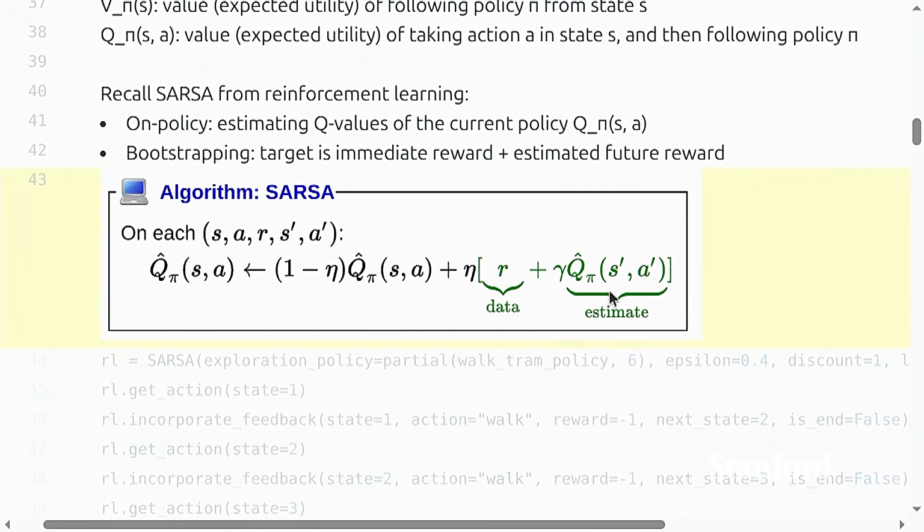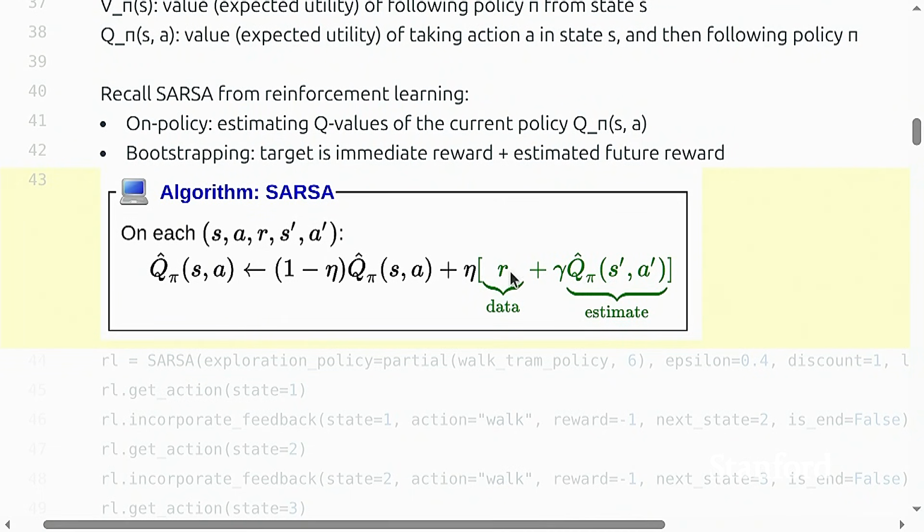Okay, so here's the SARSA algorithm. As you run the reinforcement learning algorithm, every time you see a state and you took an action and you got a reward, and then you ended up in state S prime, and then you took another action, then you perform the following update. First, you look at the reward, that immediate reward that you just got, and then you form an estimate of how much reward you would get after that.